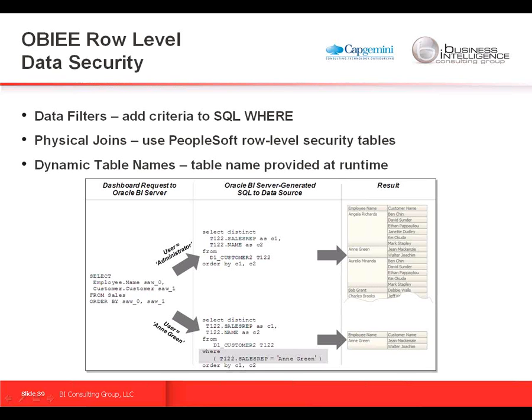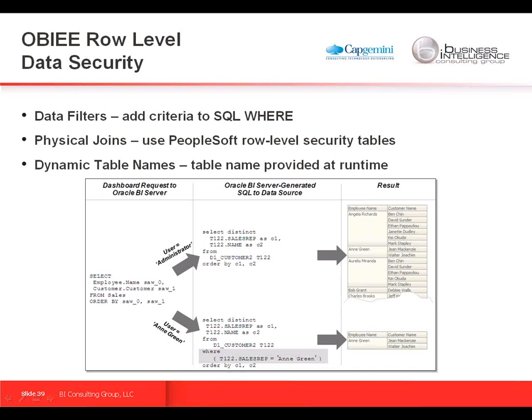We can use physical joins, where we would join warehouse tables with some sort of security table to say, okay, this operator can see this row or this department. And finally, we have the ability to use something called dynamic table names in OBIEE, which basically allows you to provide a different table at runtime. And you would basically select that table based on some role that a user has.